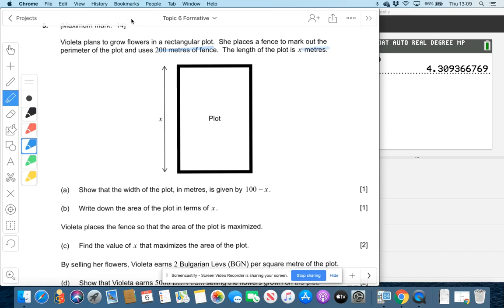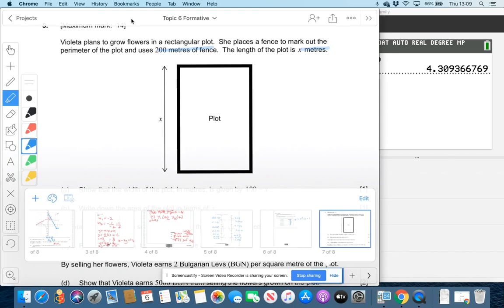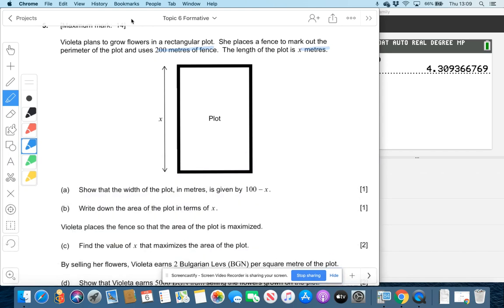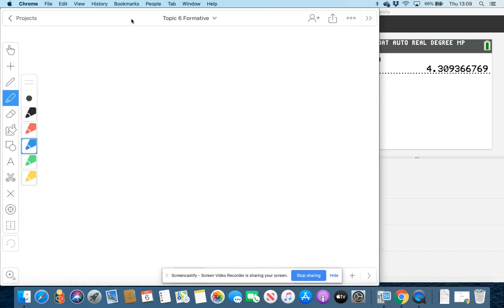So recall, how do you express perimeter in a formula? Again, 5A. I have to write the name of the question, the number of the question, and specify that in our workings here. So 5A. We're supposed to show that we're going to use the perimeter of the fence.